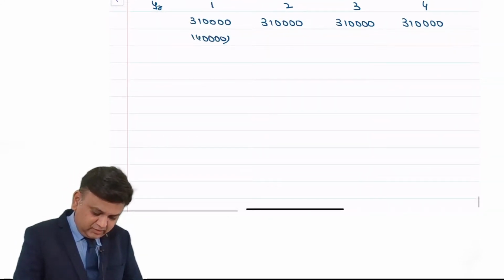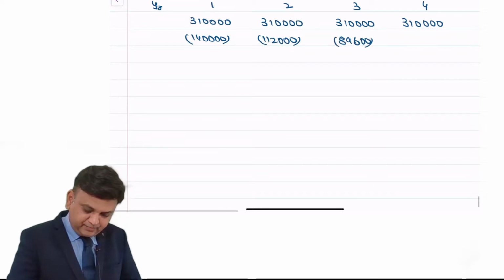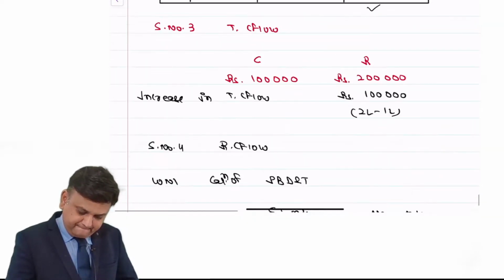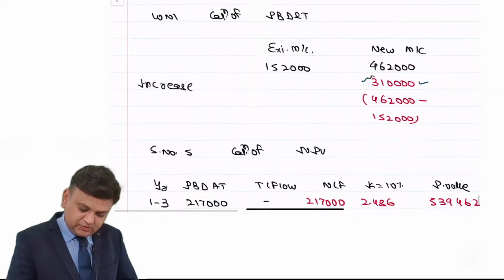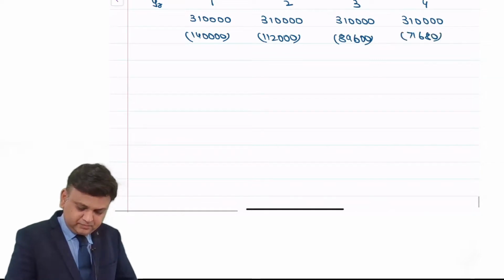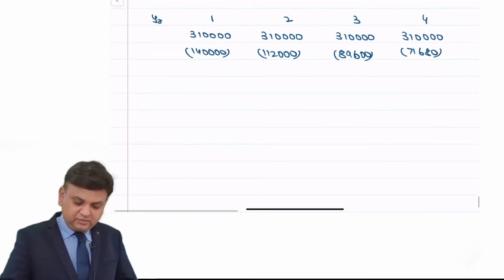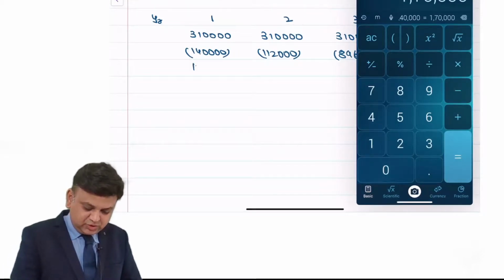Now it is 3,10,000 minus 1,40,000. So it is 1,70,000 into 0.3, which is 51,000.